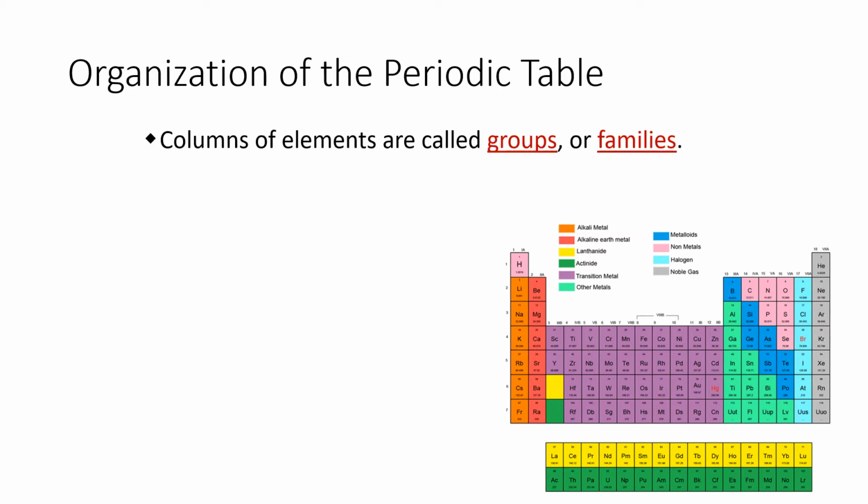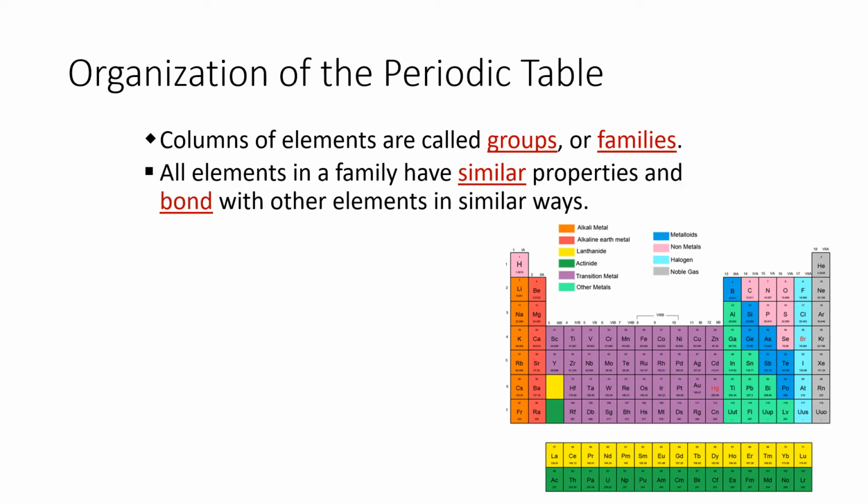Columns of elements, so the rows are periods, the columns are considered to be either groups or families. Elements within a family have similar properties, and they bond with other elements in similar ways. Okay, so they have similar both physical and chemical properties generally. Group 1 or family 1 is the alkali metals, so that's this one right here.